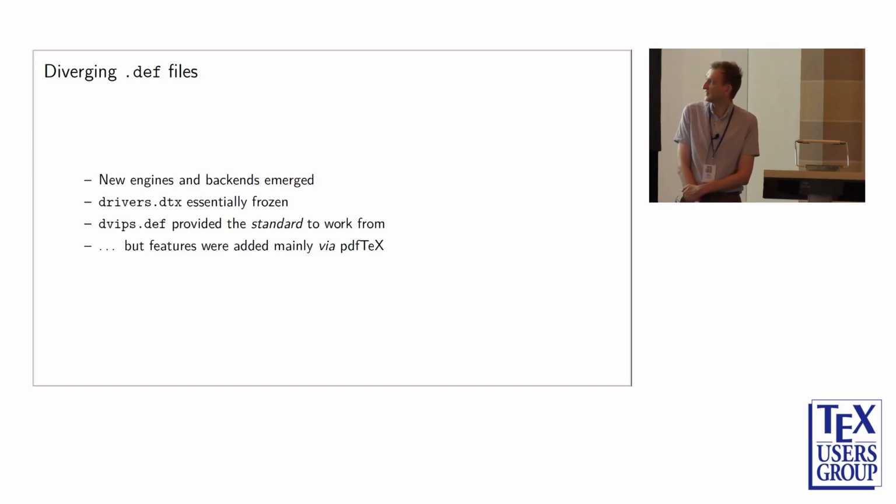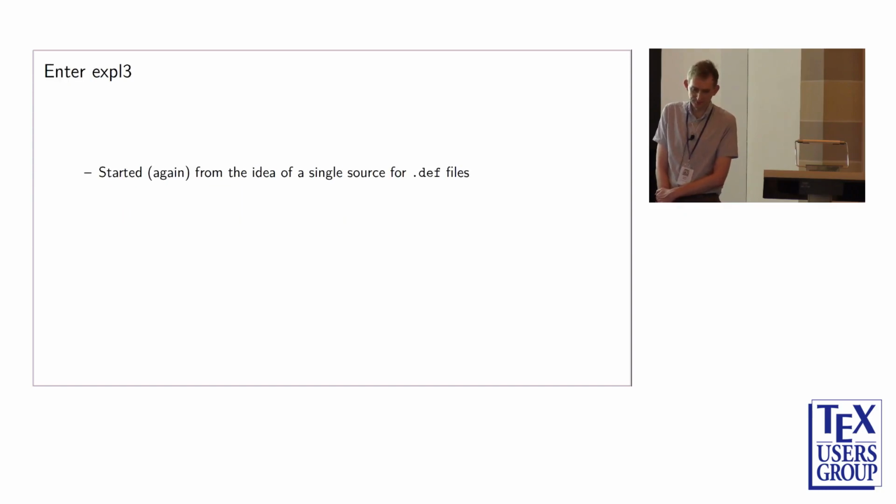There are also features added there. So historically, or until we came back into this area, the pdfTeX .def file was adding new keys to graphics to support features which dvips doesn't understand, like multi-page image inclusion. And so you end up with a sort of divergence of support.